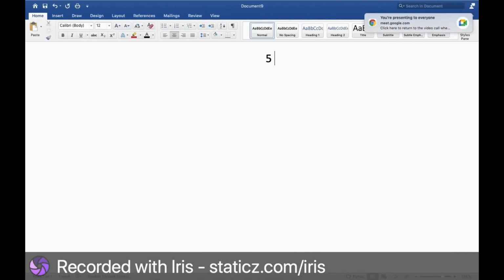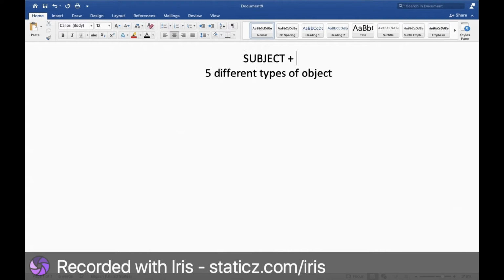Okay. In our previous class, we studied that we have 5 different types of object. Am I right? Yeah. This was our sentence structure. We said that we have a particular sentence structure in English where we can use subject, verb, object, and adverbial at the end.